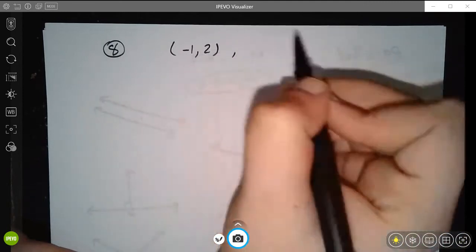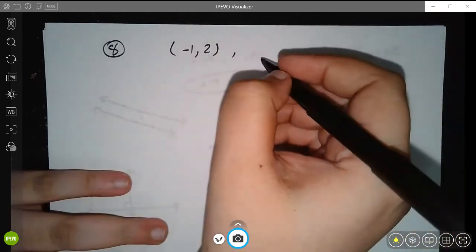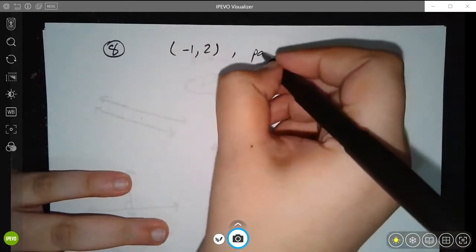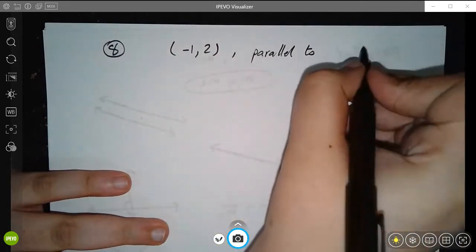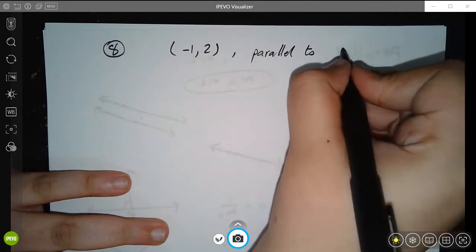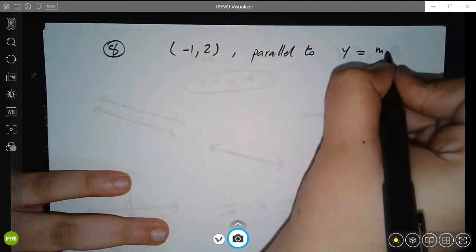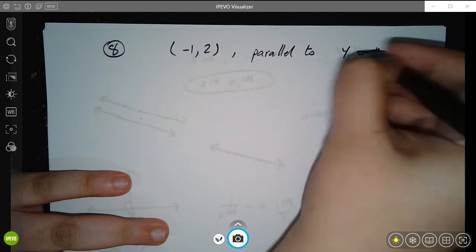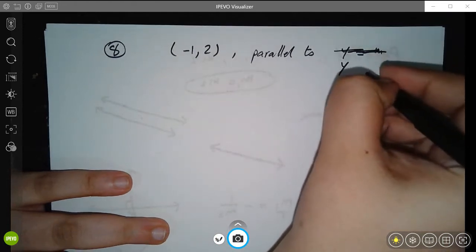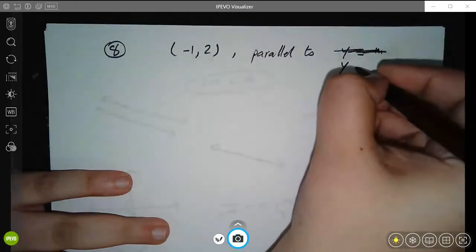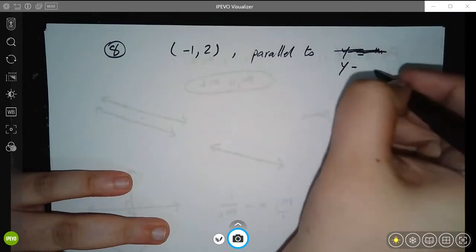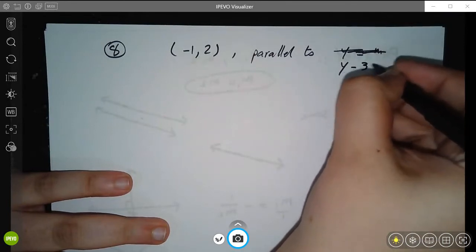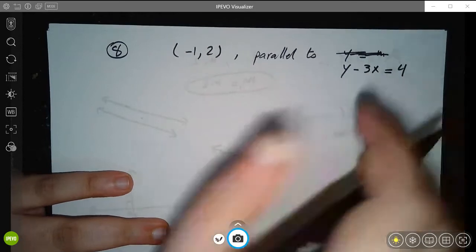And is parallel to this line. Y equals, sorry, I was writing something else. It's still the wrong line. It's this one. Y minus 3x equals 4. There you go.